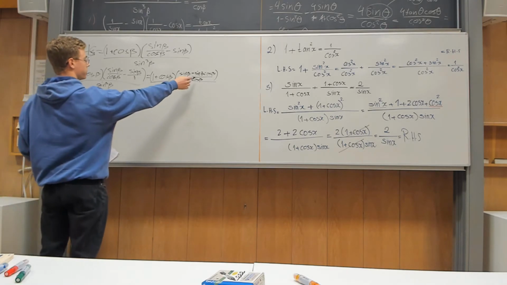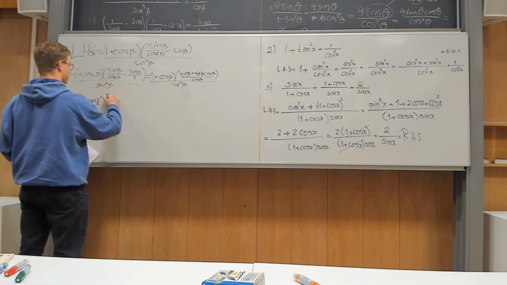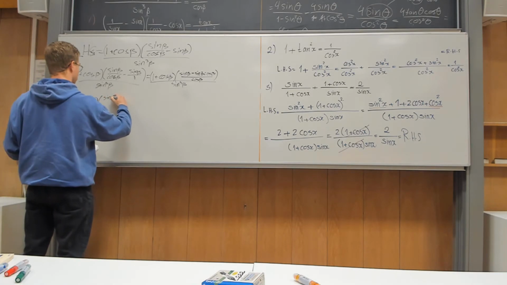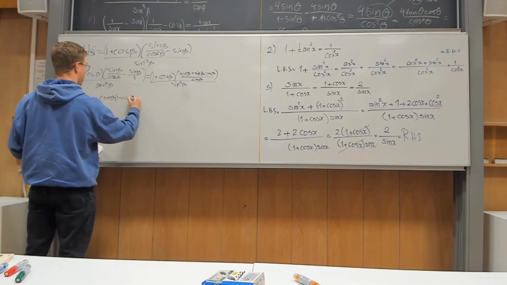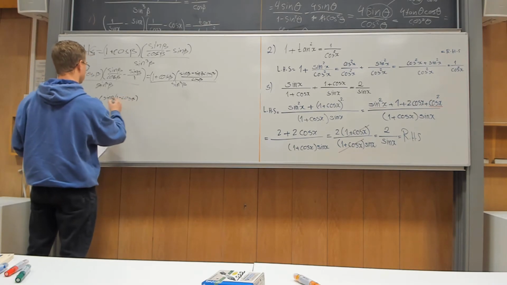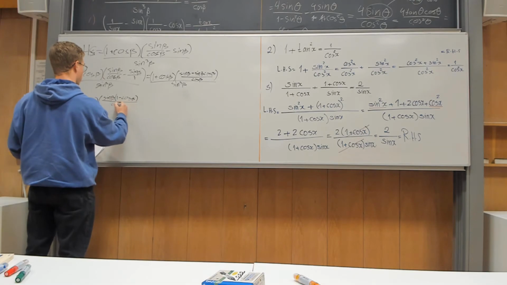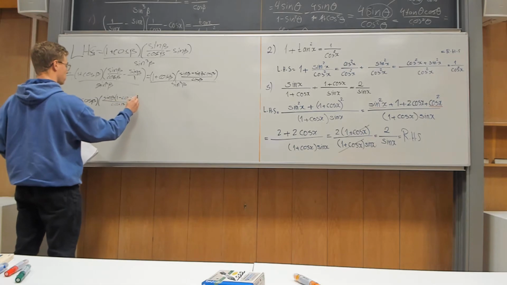So here I factor sine of b out, so it becomes sine of b times 1 minus cosine of b. So he has chosen to factorize the numerator of the second fraction by pulling sine b out.